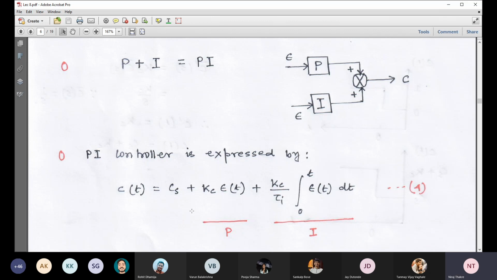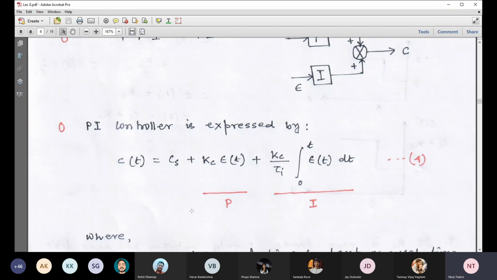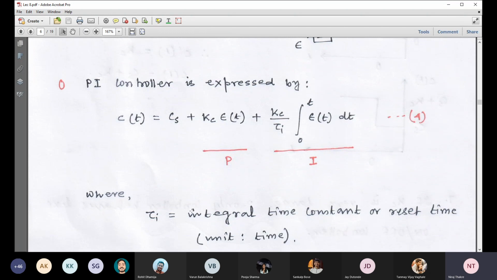In this PI controller one additional term comes into the picture, that is tau I. And this tau I is called the integral time constant or reset time, and its unit is time always.